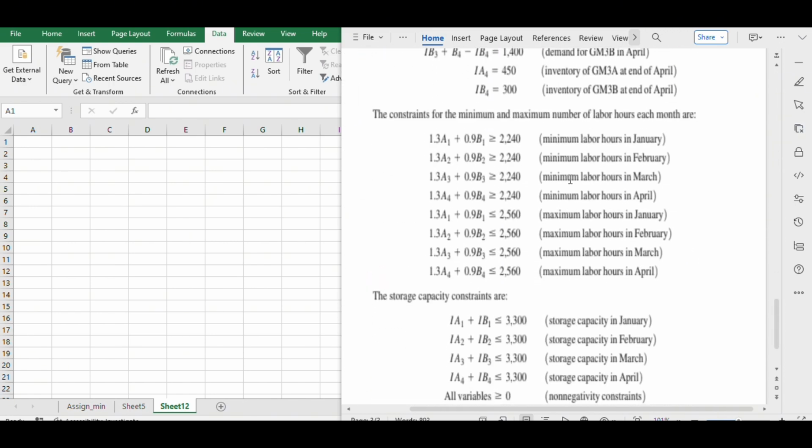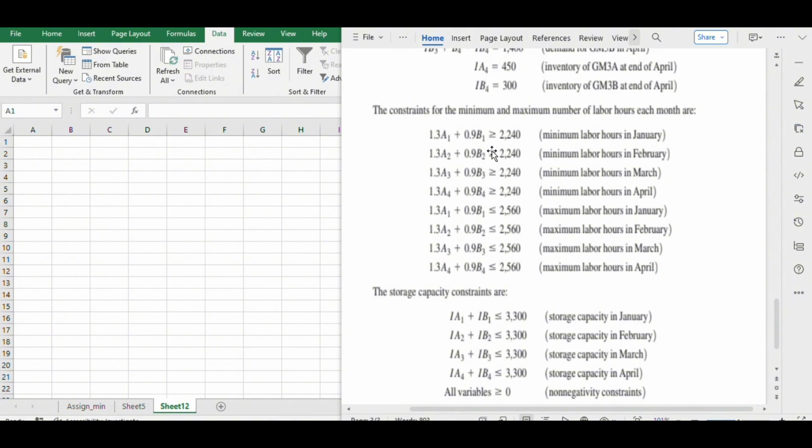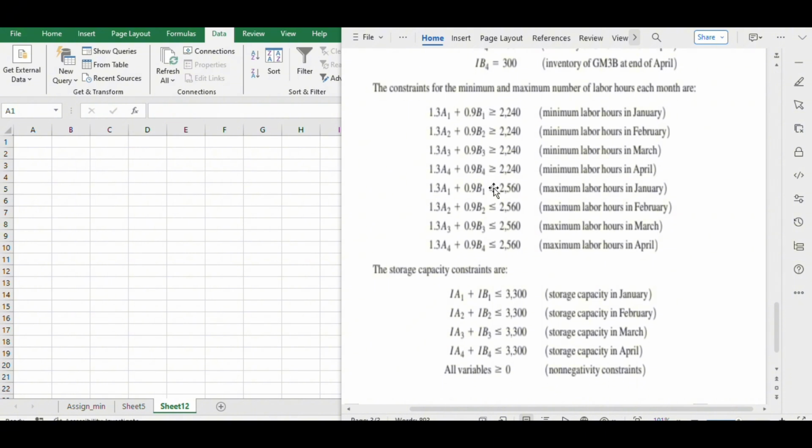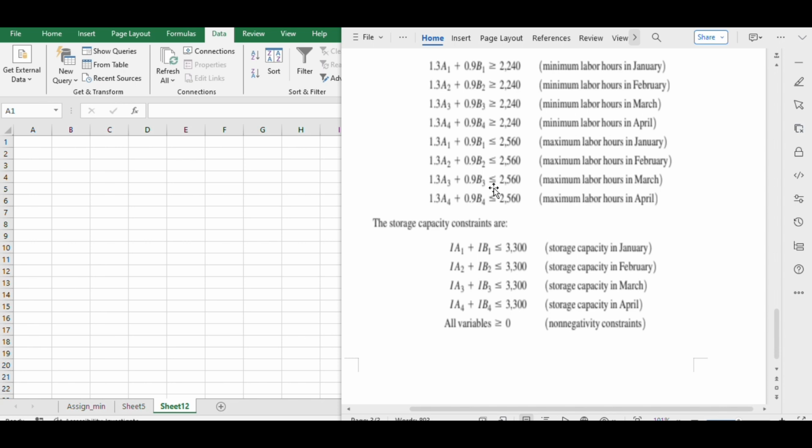So we're just going to input the values here, and since it is the minimum, we will use greater than or equal to, which is 2,240, and the maximum is less than or equal to 2,560. So there is a 1 to 4 because we have the 4 months, and also 4 months for the GM3B model. And the storage capacity constraint, which is inventory for January for model A plus inventory for GM3B, is less than or equal to 3,300. And for the non-negativity constraint, all variables are greater than or equal to 0.